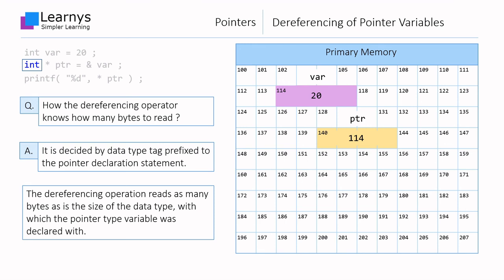Knowing the data type of the pointer variable is also essential while applying pointer arithmetic. Pointer arithmetic is something which does not work like regular arithmetic. This will be dealt with in greater detail afterwards. This finishes the discussion on the application and working of the dereferencing operator. The next section deals with double pointers.